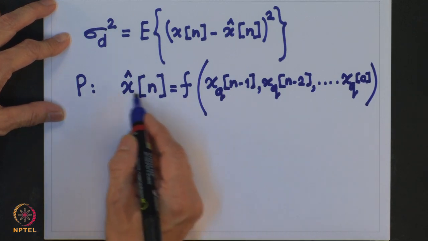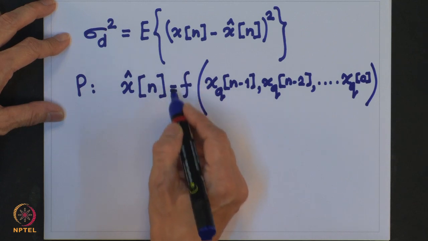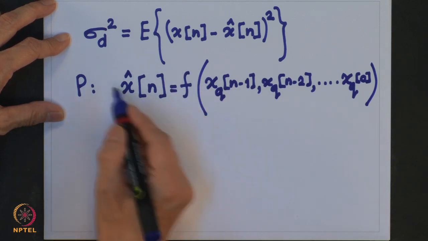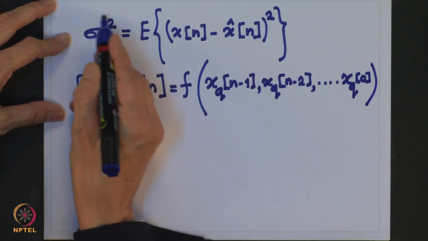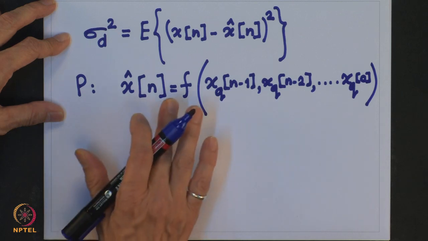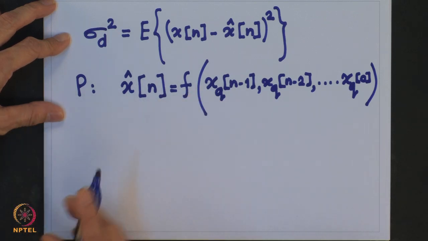Now, design of a good predictor is essentially the selection of this function f that minimizes the variance of the difference sequence. Now, the problem with this formulation is as follows.